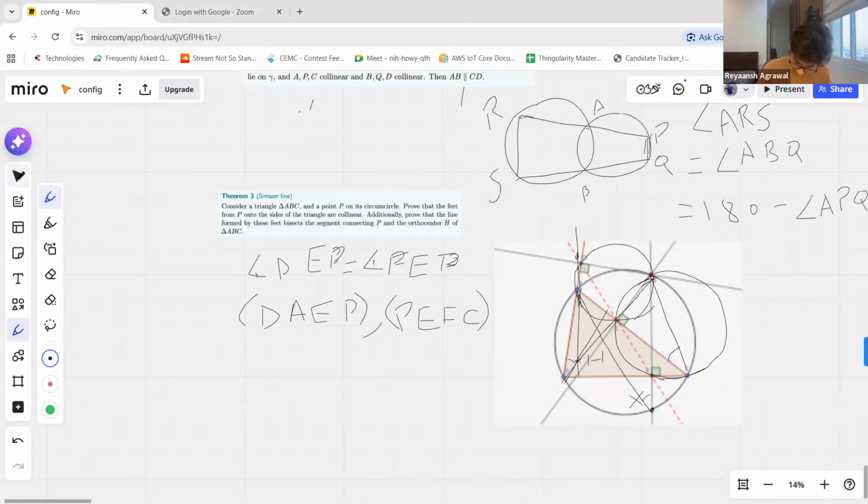So we're done. So AX is parallel to the Simpson line. I'll call the Simpson line SP. Okay, so now we have that AX is parallel to the Simpson line.